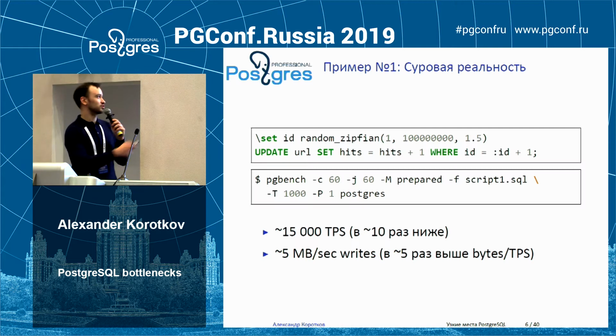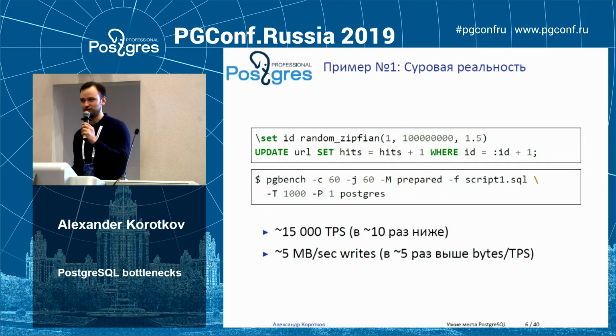If we take a random zip file and we call PGBench, we see that TPS is not 200,000 but 1500, which is around 100 times lower, and the speed of writes is around 5 megs per second.